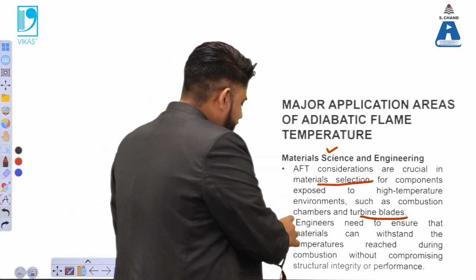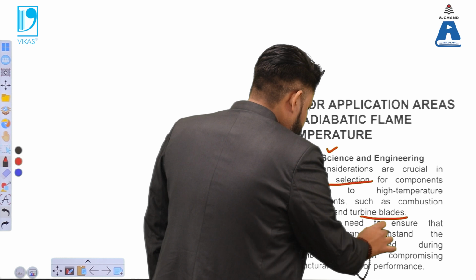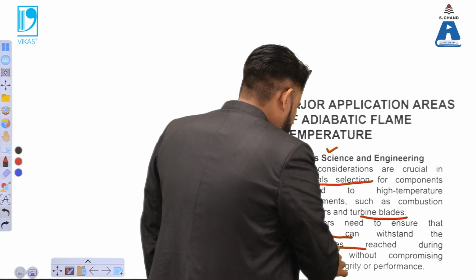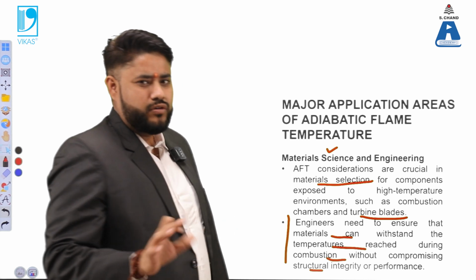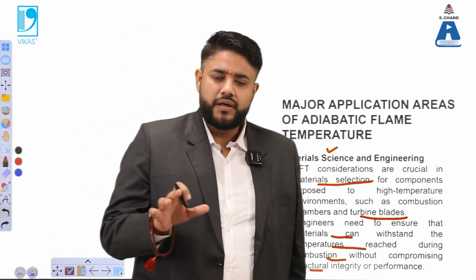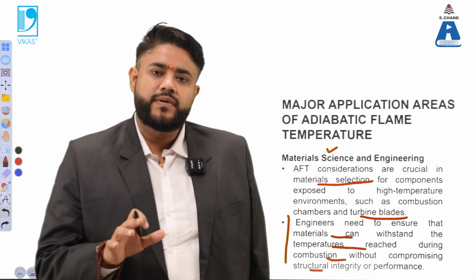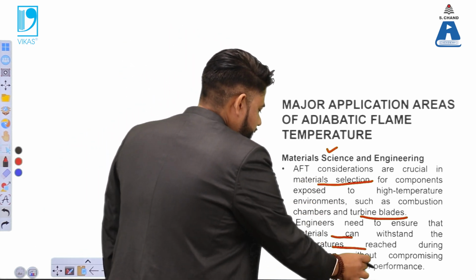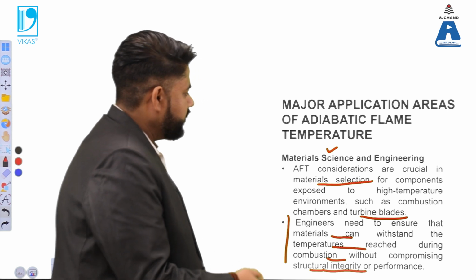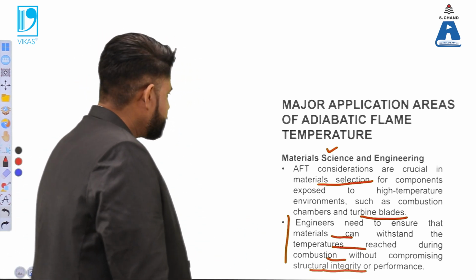So we need to be very particular about those materials that can withstand temperatures which are reached during the combustion processes, without hampering any structural imbalances in the particular material. So without any compromise of the structural integrity or the performances, we have to take care of that particular situation.